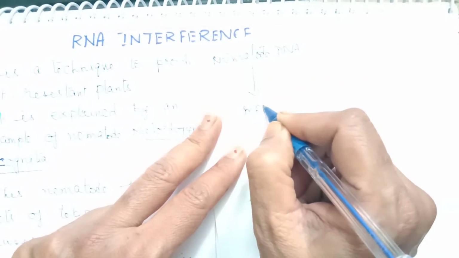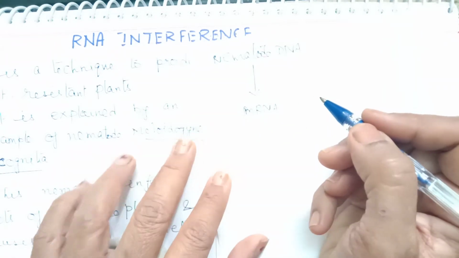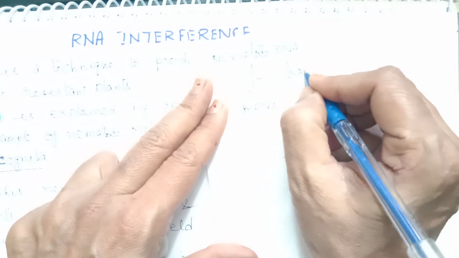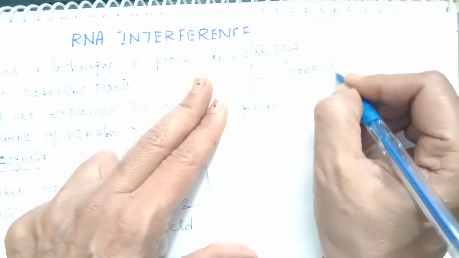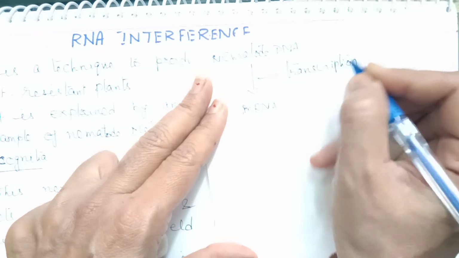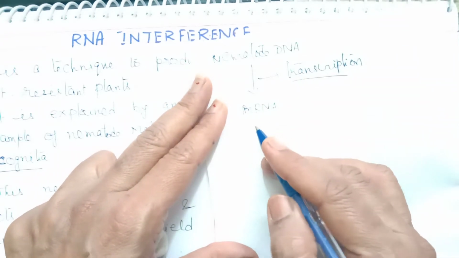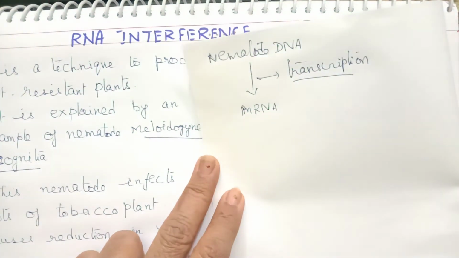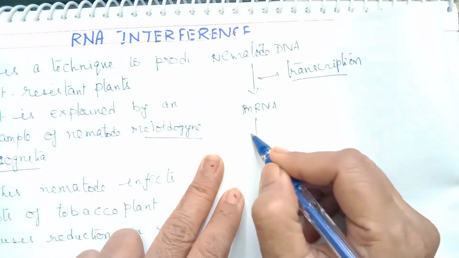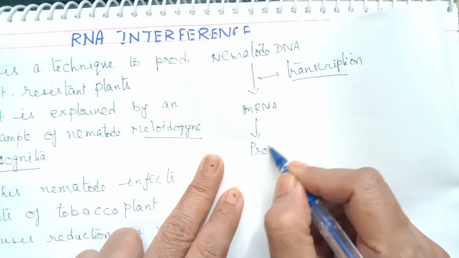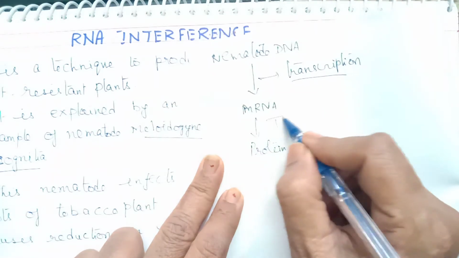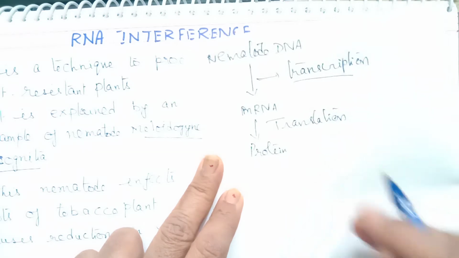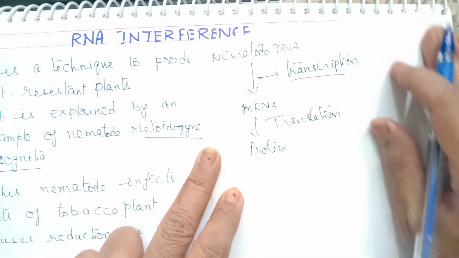The process by which the mRNA is produced, all of you know, is called transcription. So by transcription, a nematode will produce its own mRNA, and this mRNA will start producing a particular protein. This is by translation. This is what we also call the central dogma of molecular biology.